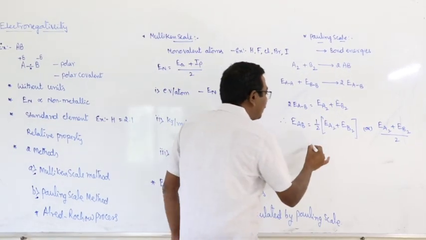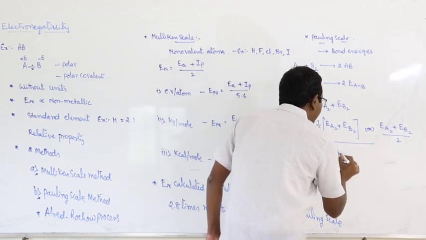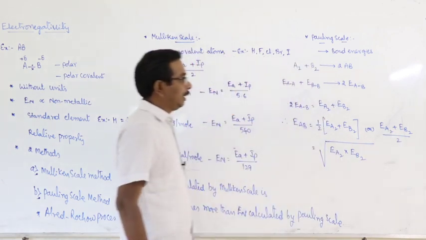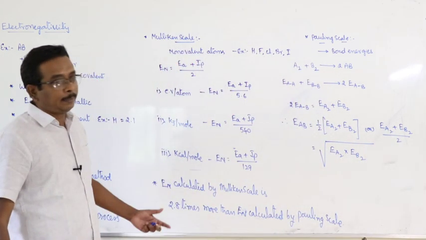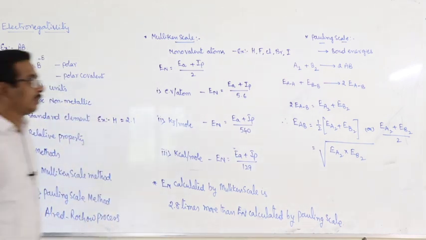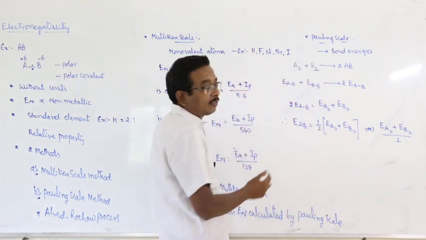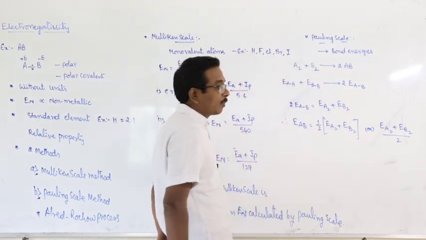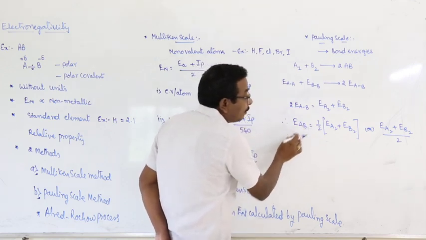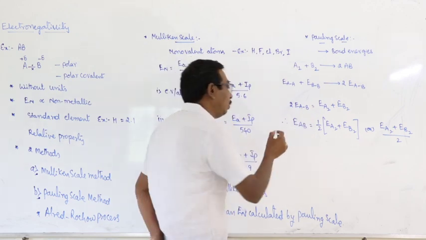And in some cases that is also given as square root of EA2 into EB2. But nowadays this is not in use, and frequently we are using either this one or that one only. And this is the energy of molecule. Which energy? Bond energy of the molecule AB.